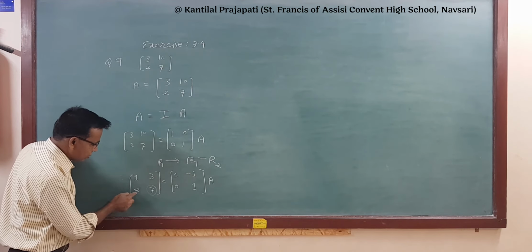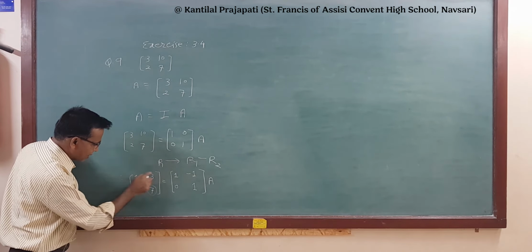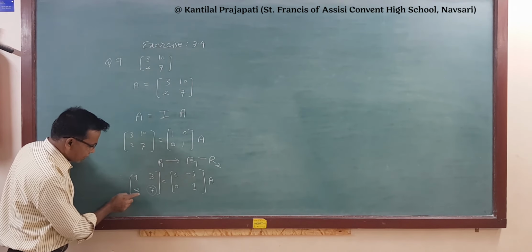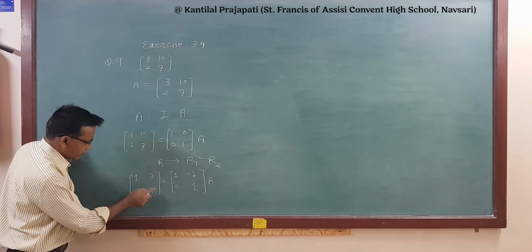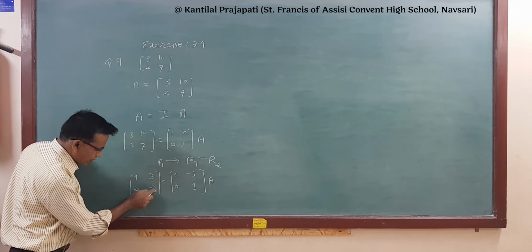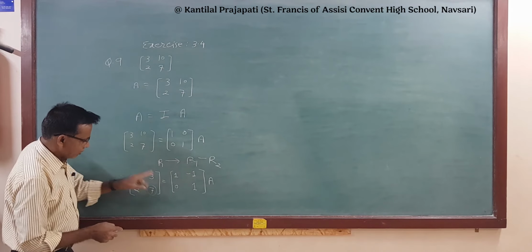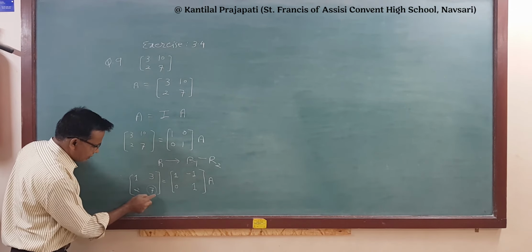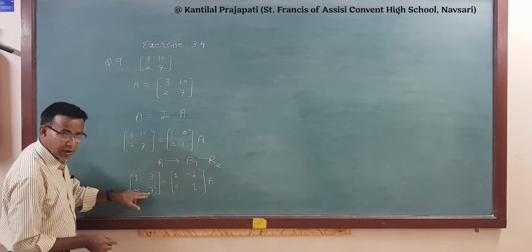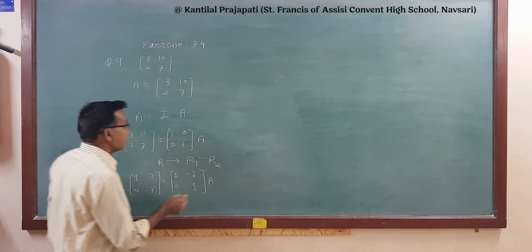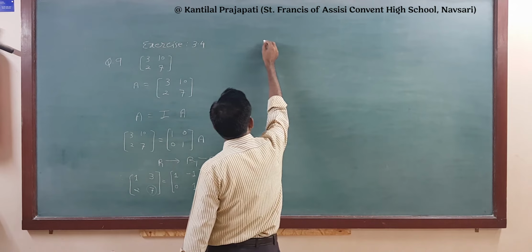So the first row is multiplied by minus 2 and added to the second row.